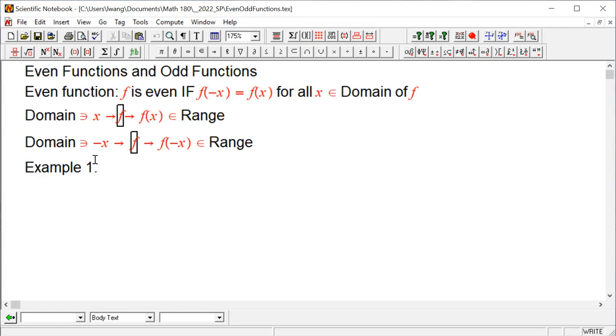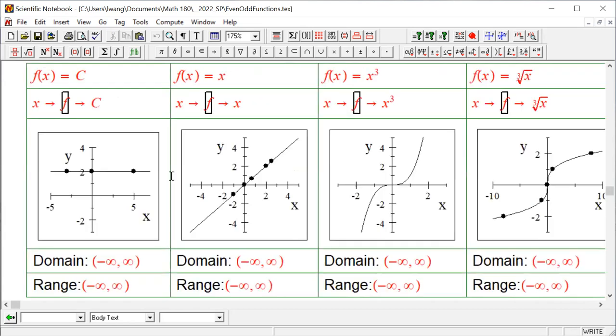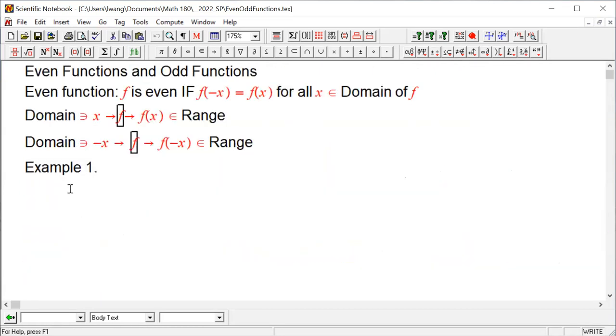Okay, so let's look at some examples of what it means on the picture. I'm going to go to that big table. We have worked out so many examples here. We'll pick up one of those.